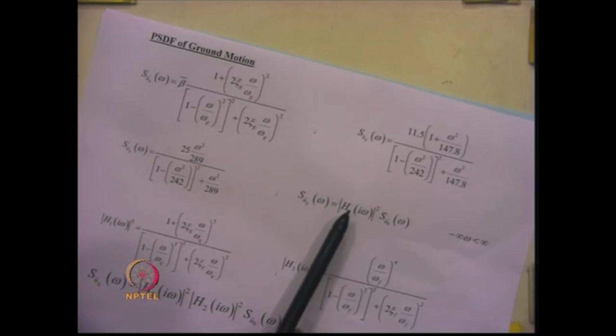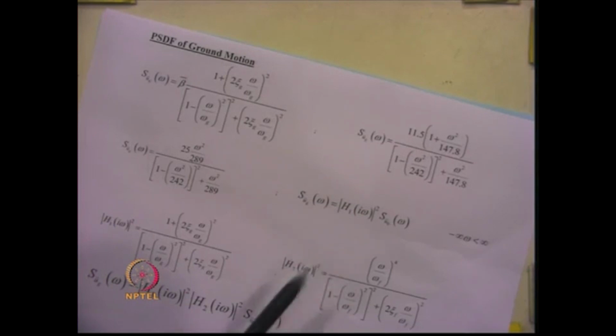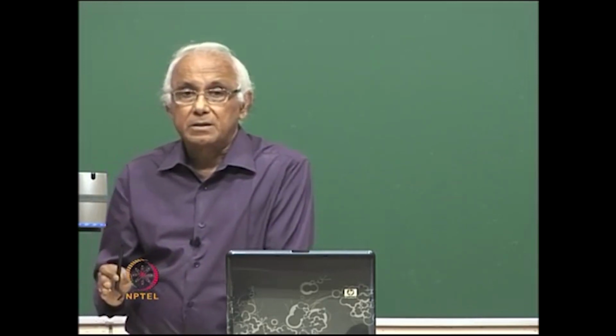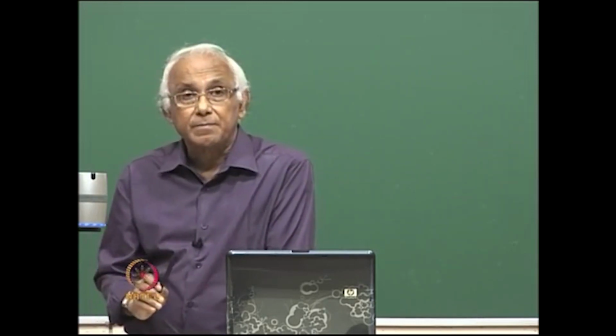Now, this was modified to the two filter concept of power spectral density function because this is not able to provide an adequate or correct value of the power spectral density function of displacement at zero frequency.